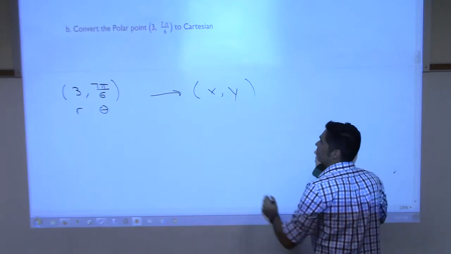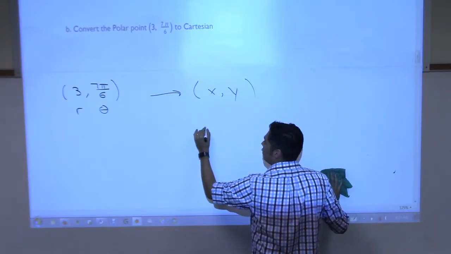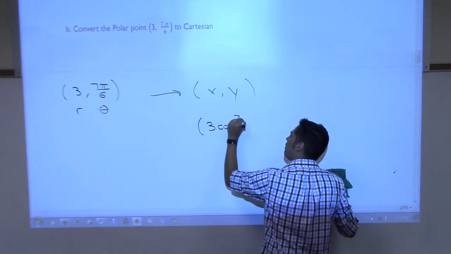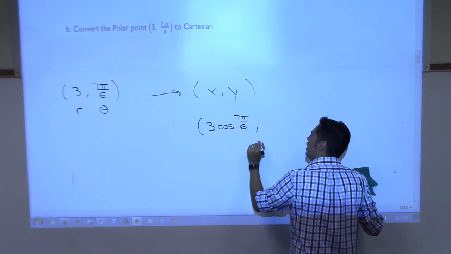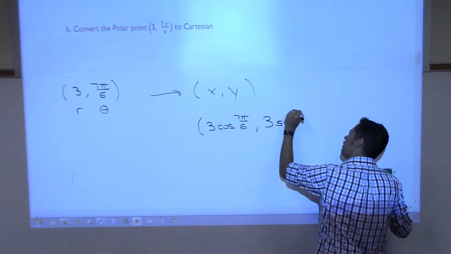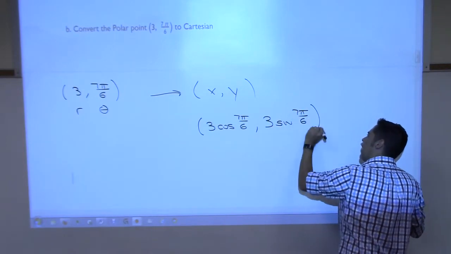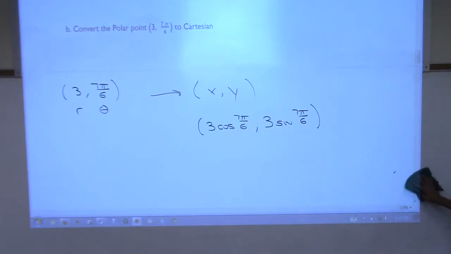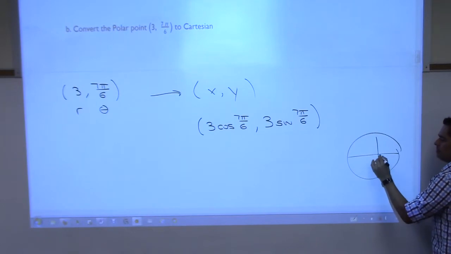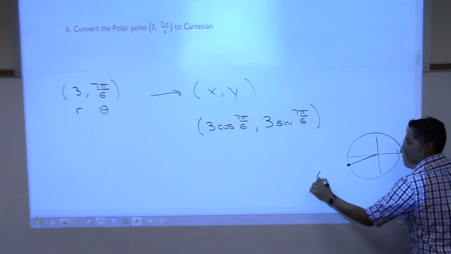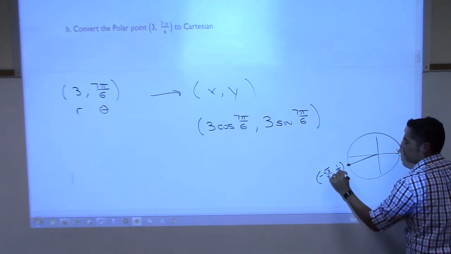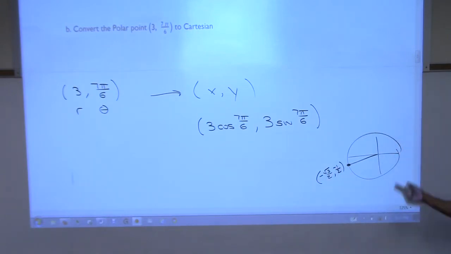So to convert, x is going to be r cosine theta, so 3 cosine of 7 pi over 6. And then y is 3 times sine of 7 pi over 6. And 7 pi over 6, let's see, that's on our unit circle, that's right here. That's the point negative root 3 over 2, negative 1/2.